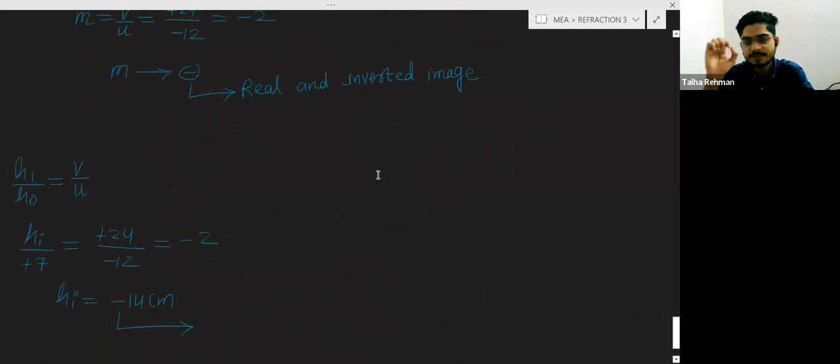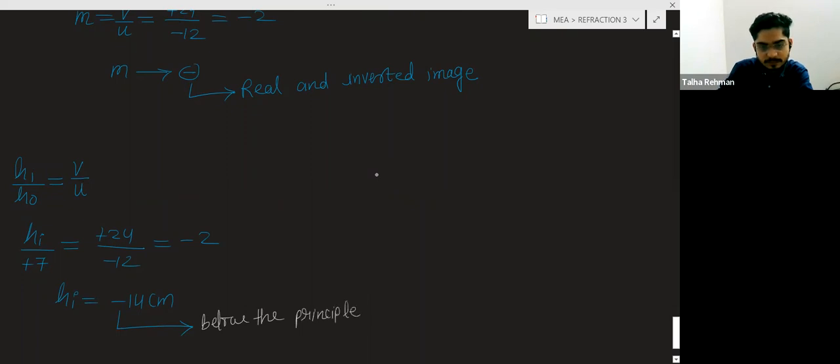Sign has a very important role. So here you can say the image is below the principal axis, and the height of the image is 14.